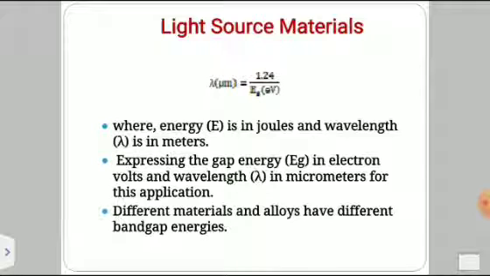Next, we always mention the wavelength in terms of micrometers or nanometers. The equation is lambda equal to 1.24 divided by Eg, with Eg in electron volts, where energy E is in joules and wavelength lambda is in meters, micrometers or nanometers. Here we express the gap energy Eg in electron volts and wavelength lambda in micrometers. We can even mention it in terms of nanometers for this application.